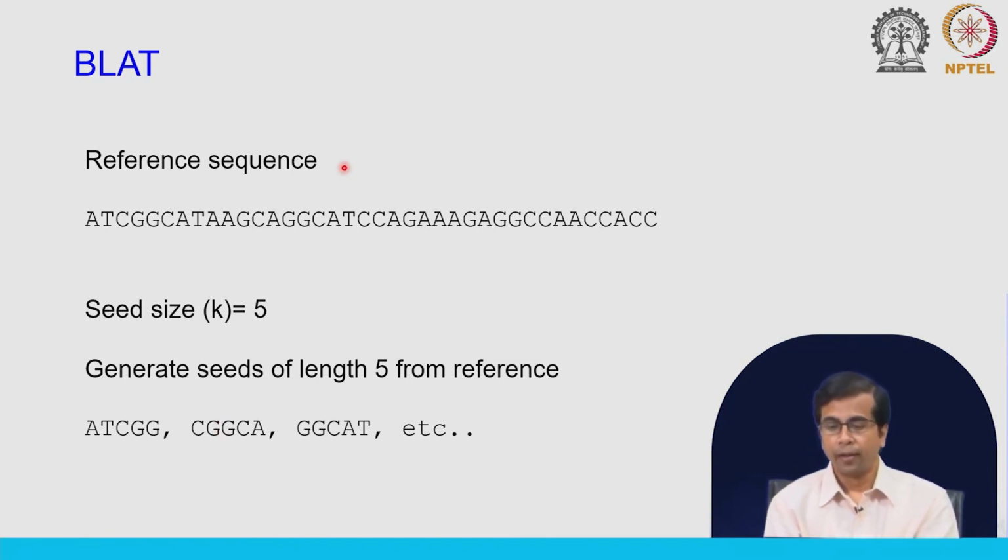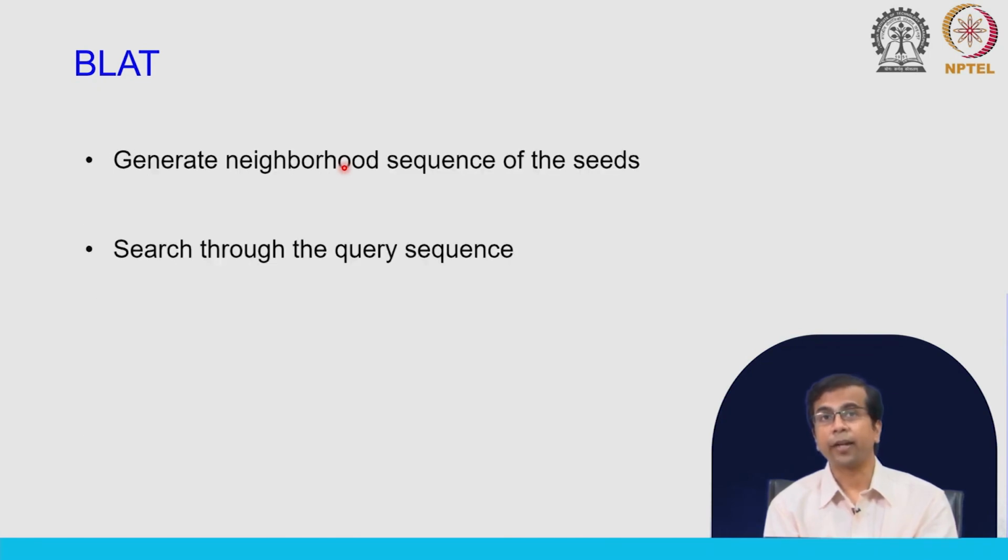Once you have found this, you can also generate neighborhood sequences of the seeds, considering all the variations, and then search through the query sequence. It is the reverse of what we discussed before with BLAST. The whole process is reversed.